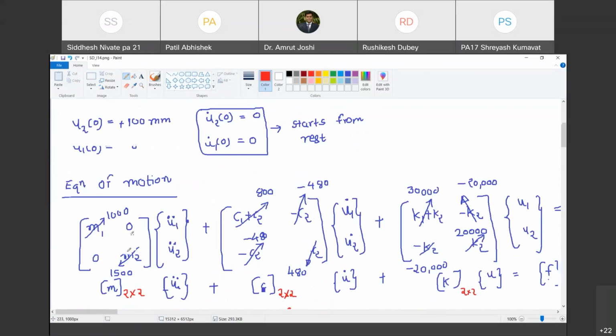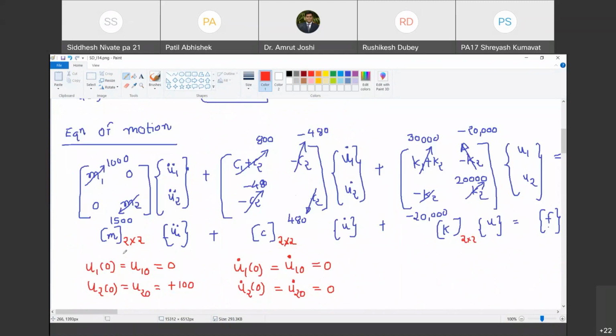So therefore, in general, if you are going to have an n degree of freedom system, then what will be the size of the M matrix? It will be n cross n. Do you agree with me? Yeah. N cross n. What is n here? N stands for degrees of freedom. Happy? Yeah.